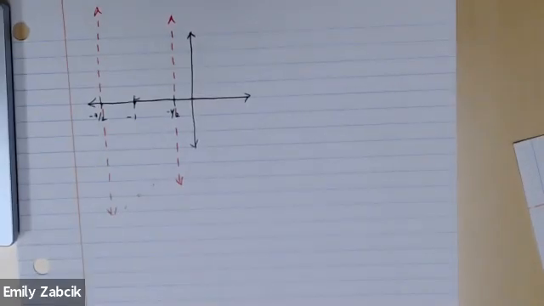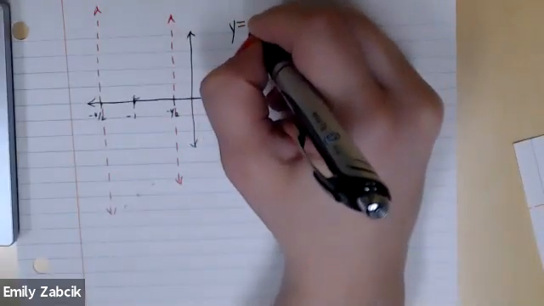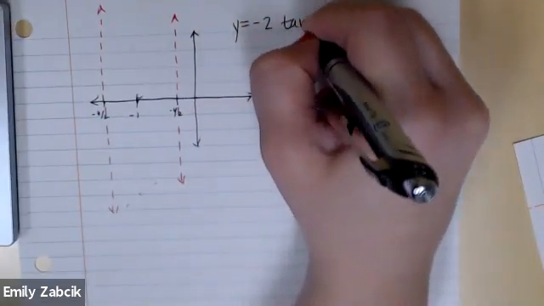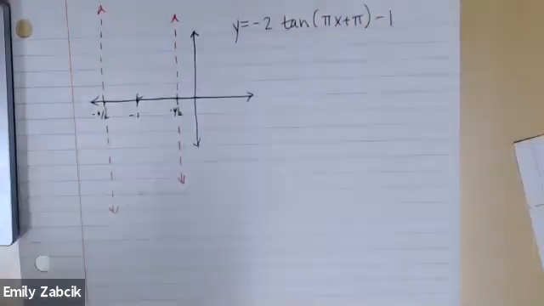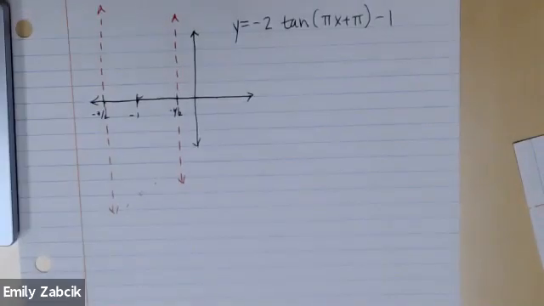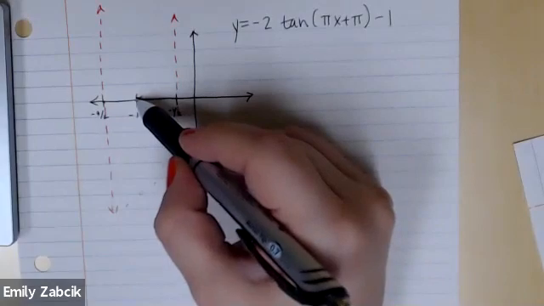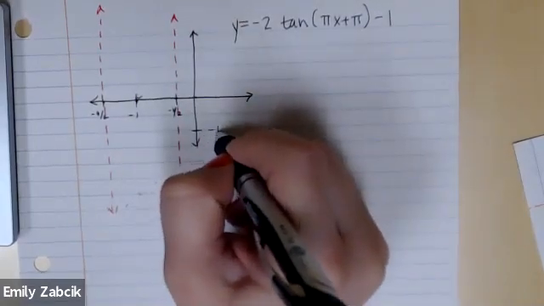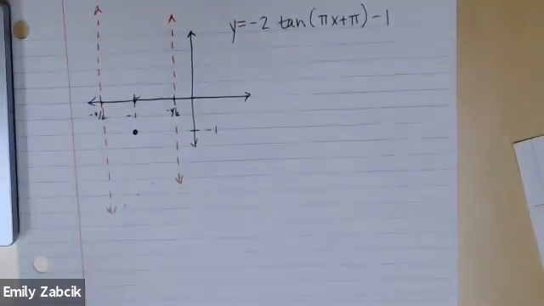Other things that I can note, let me go ahead and write it here so I don't have to switch back and forth. I'm looking at y equals -2 tangent pi x plus pi minus 1. I see that that -1 is going to shift me some. Instead of being here at the origin, I'm going to be looking at being down here for my central point.